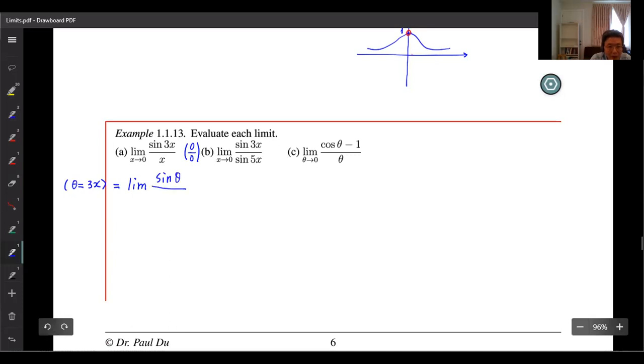So what happened to the denominator? Of course, we know x will be theta over 3, right? As x approaches 0, of course, theta is also approaching 0, no problem. Now we change to the variable theta.